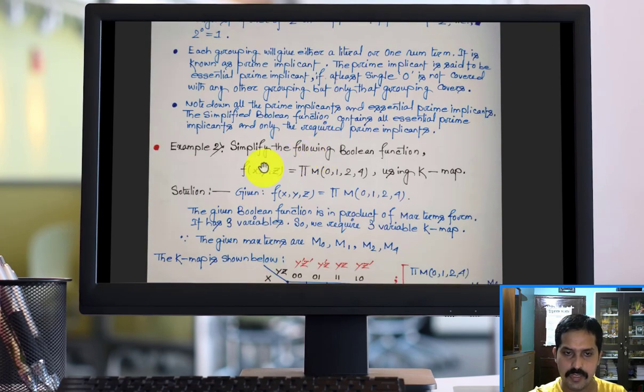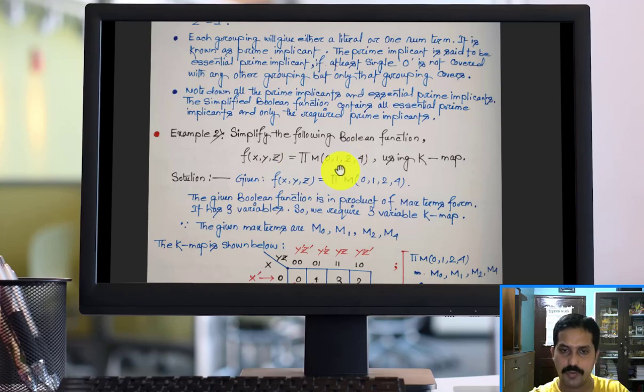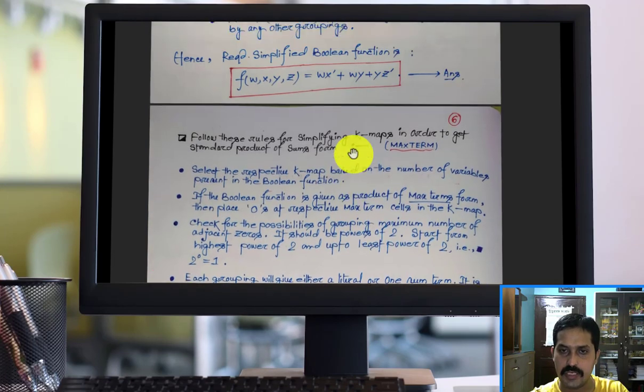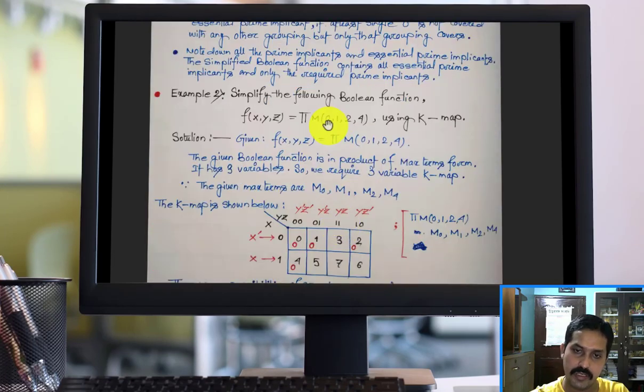So come to an example. Simplify the following Boolean function f(x,y,z) = product of capital M(0,1,2,4) using K-map, Karnaugh map. This is easier than the one before, because the before one was given in expression form, but this is already given in values form. See, 0 means capital M0, 1 means capital M1, 2 means capital M2, and 4 means capital M4.